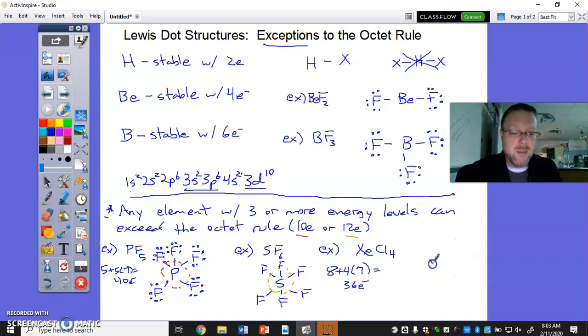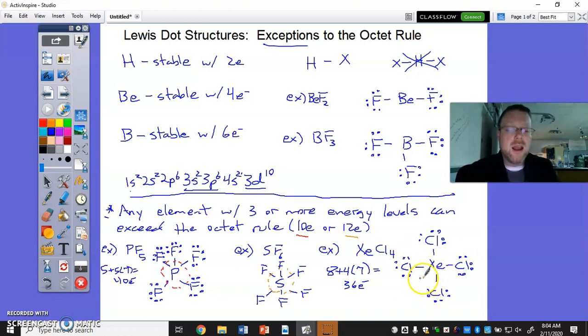You put xenon in the middle, and you connect it to 4 chlorines on the outside, and you've already used 2, 4, 6, 8 out of that 36, and then you can start adding in your electrons, so 8, 10, 12, 14, 16, 18, 20, and I'm trying to get 8 around every chlorine, 22, 24, 26, 28, 30, and 32.